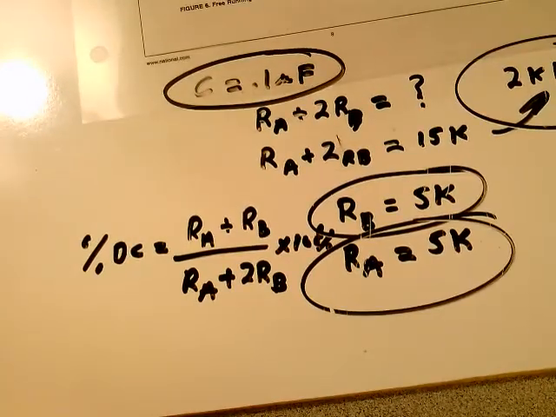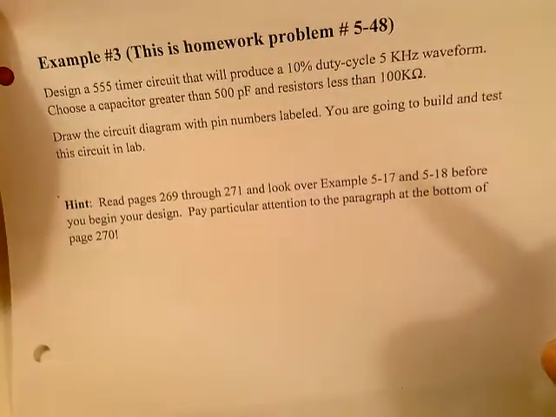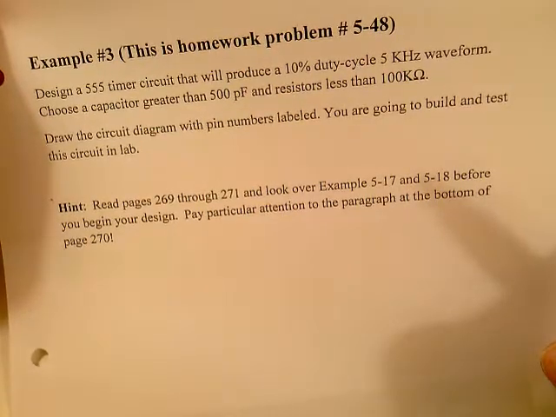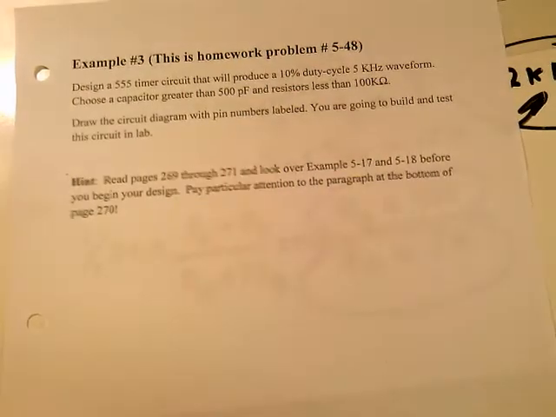That's page 187. And on page 188 is where you need to do a design problem for lab. And in order to do this problem, it says you have to very carefully look over pages 269 through 271.